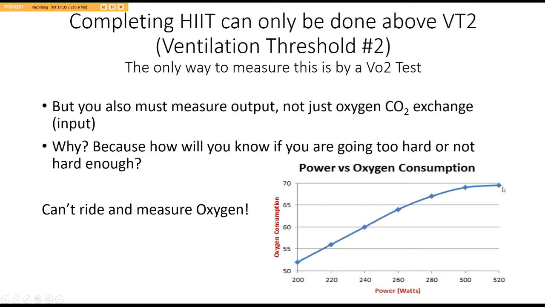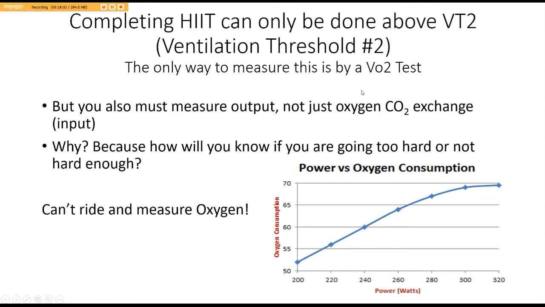So understand that if we train them much harder than 300 watts, we're not going to get any further increase in oxygen consumption, but they're going to spend a shorter amount of time training there. So we can train this individual quite optimally at around about 305 watts to 255 watts and get a really large increase in oxygen consumption. That's high intensity interval training.